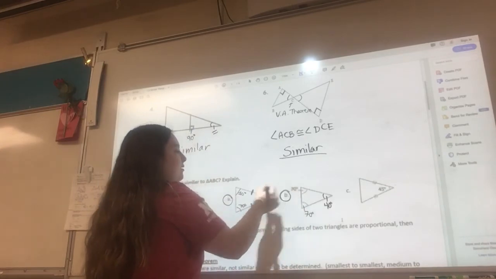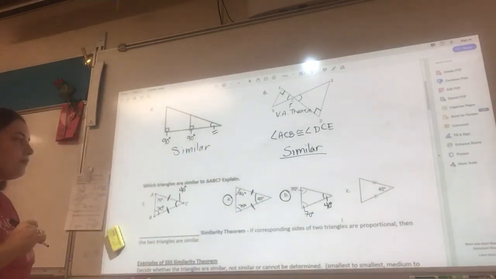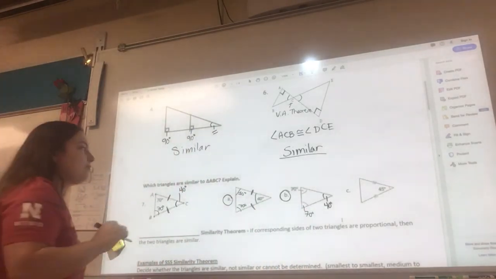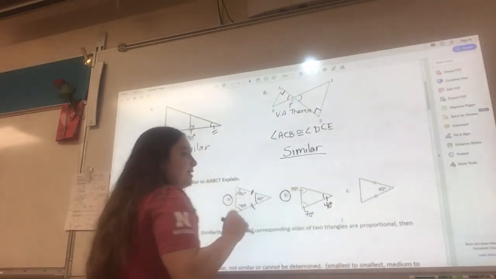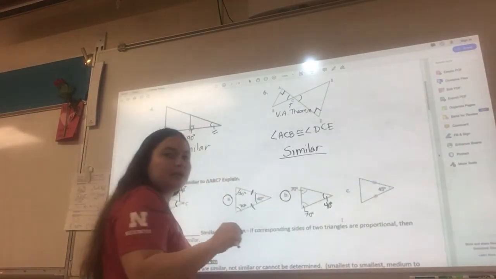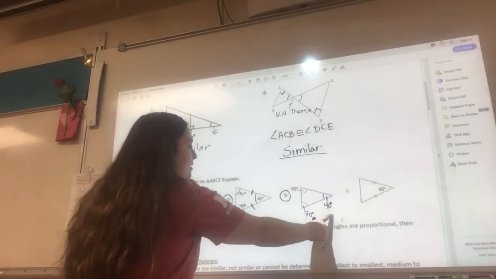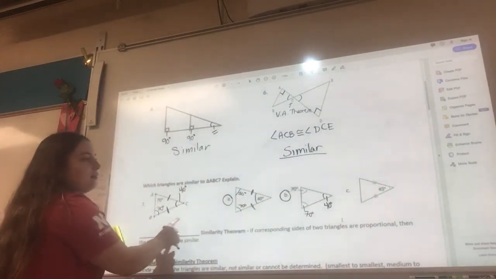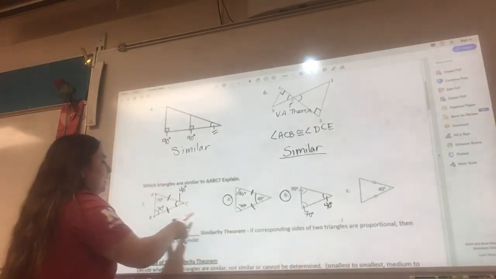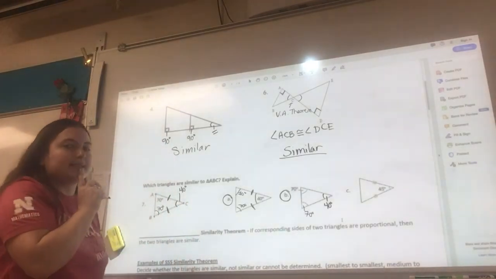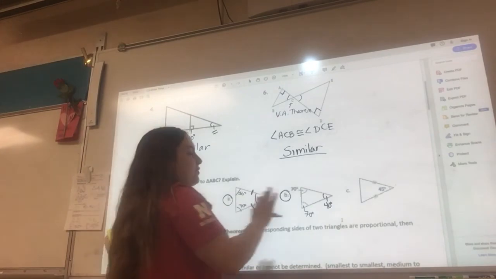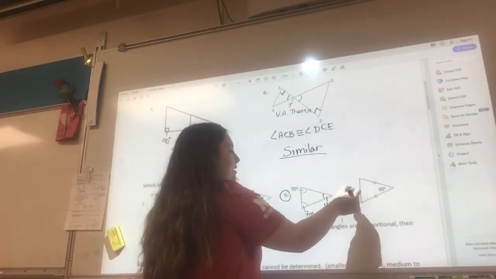So B is also similar. Our next one is C. We can see that two sides are the same, but our vertex angle is 45. Does 45 match any of the last two we looked at or the original? It does not. Therefore, right away, I don't have to solve for anything and can just say, nope, C does not work.